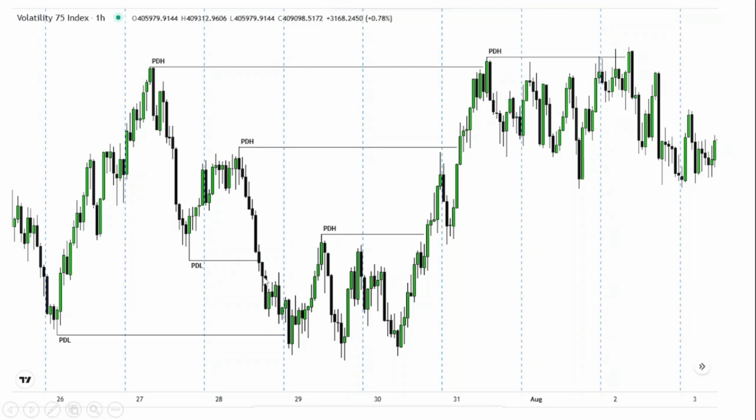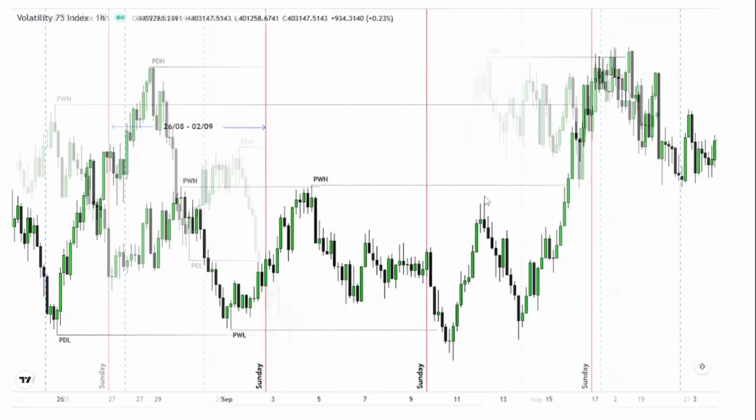In a downtrend, those previous daily lows were the draw on liquidity, what price was seeking or targeting. And once price began a reversal to the upside, those previous daily highs were the target for liquidity and what was pulling price higher.